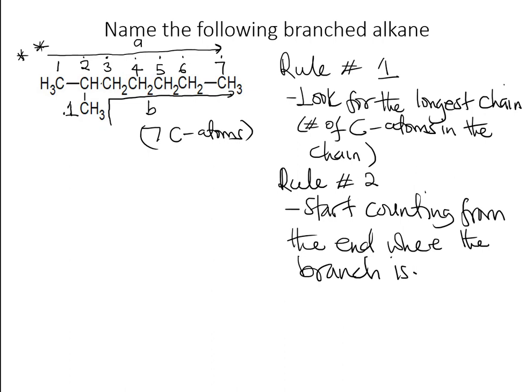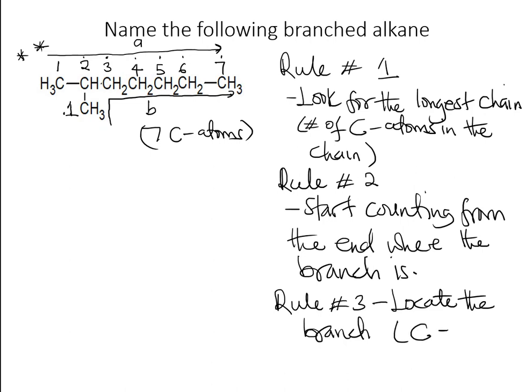Now, rule number 3: you need to locate the branch. You need to give the location of the branch. In our case here, the location of the branch is at carbon number 2.